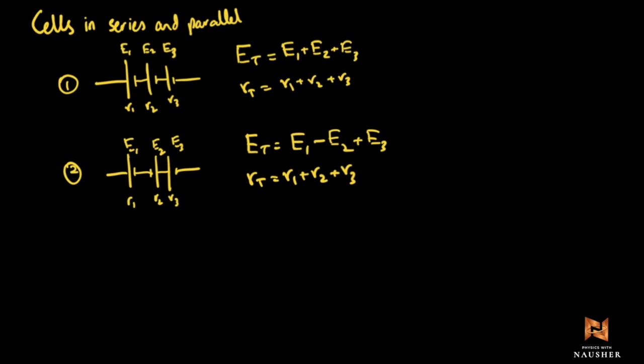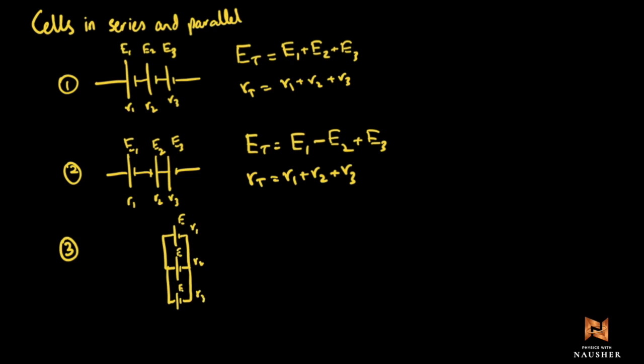So remember, for cells in series, if they're all arranged the same way, the EMF is given by this, but if they're arranged in a different way, this, but the internal resistance will continue to increase. And then for cells in parallel, in parallel the voltage remains the same. So this is E, this is E, and this is also E, and this is R1, this is R2, this is R3.